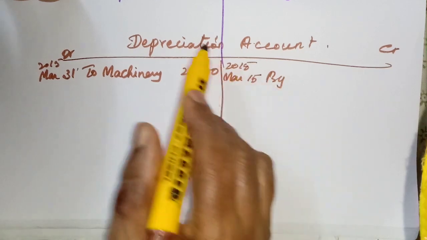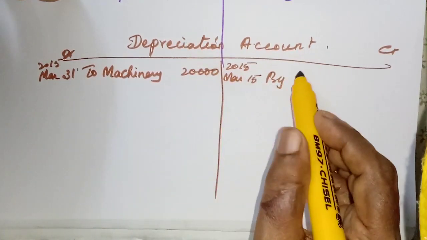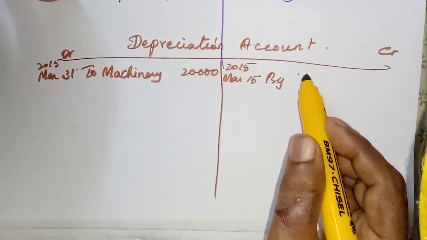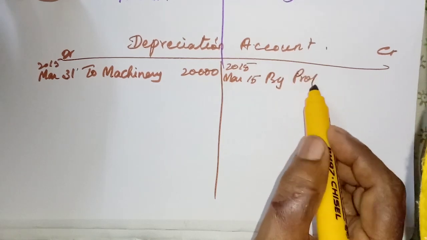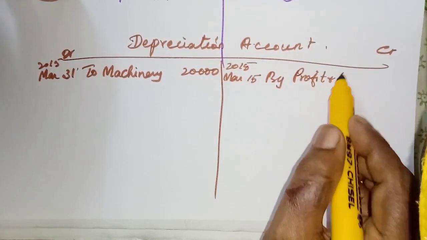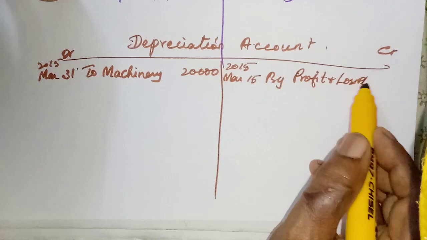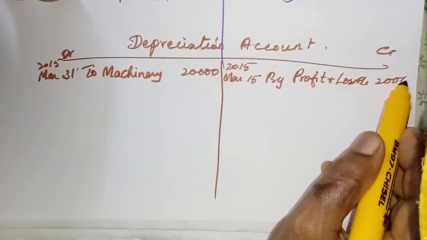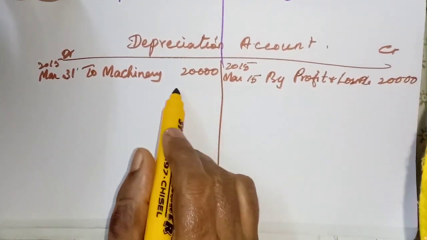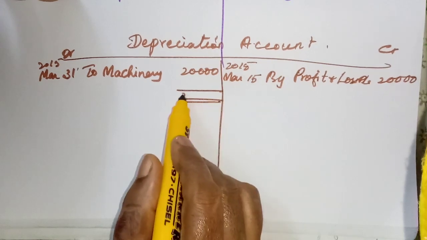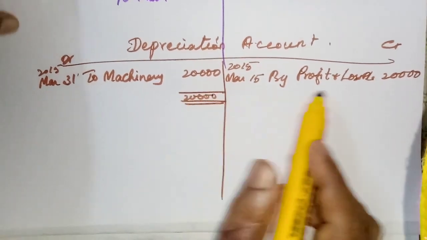So profit and loss account debtor to depreciation account. So by profit and loss account, 20,000. So here we have to write the total. Same amount only will come. Okay.